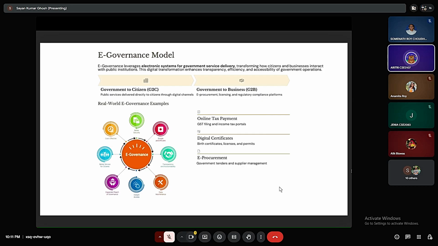There are two main types. One is government to citizen, that is G2C, and another is government to businesses, known as G2B. G2C is where services are delivered directly to citizens, and G2B includes licensing and employment.